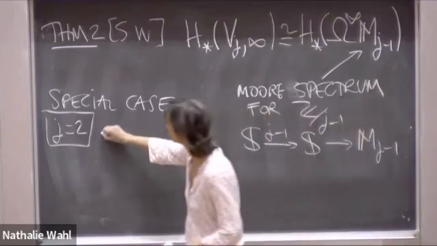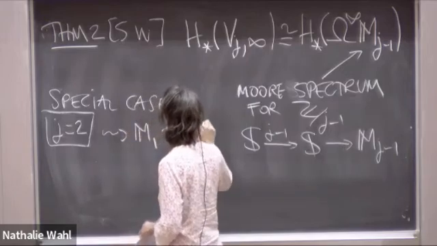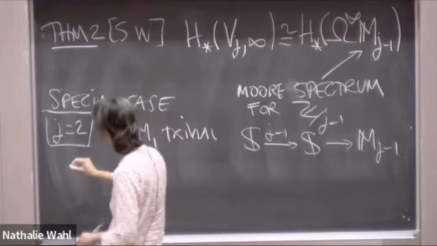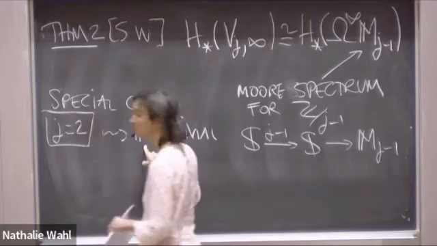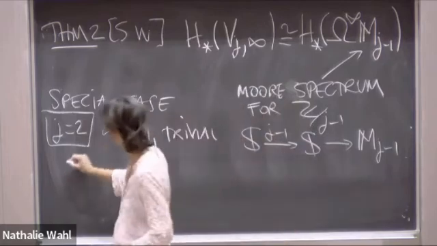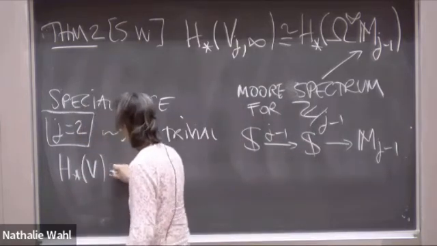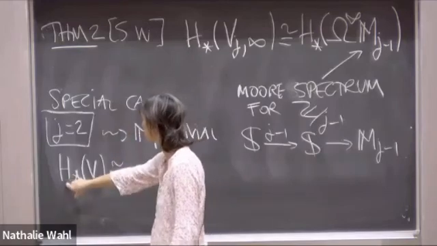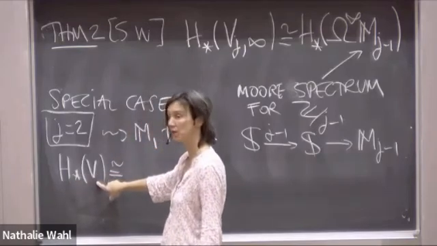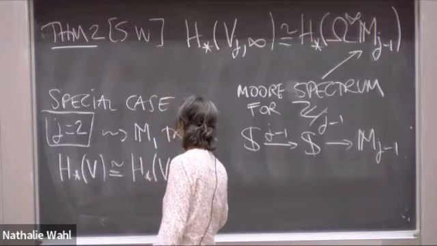So in this case, we get M1, which is a trivial spectrum, and in particular, its infinite loop space is just a contractible space, right? So we get the homology of V, so this is the end of the proof, where the homology of the group V we were interested in is isomorphic to the homology of V to infinity.